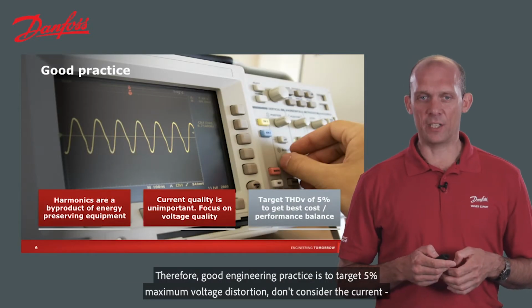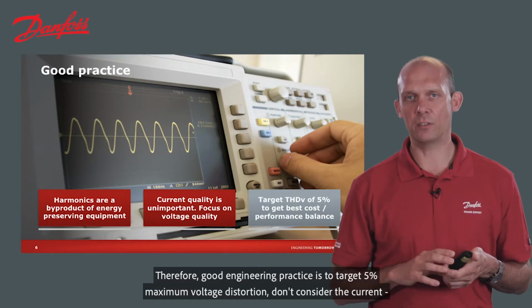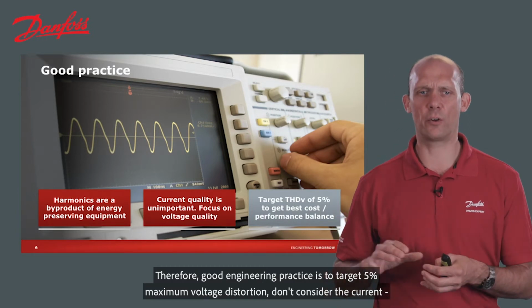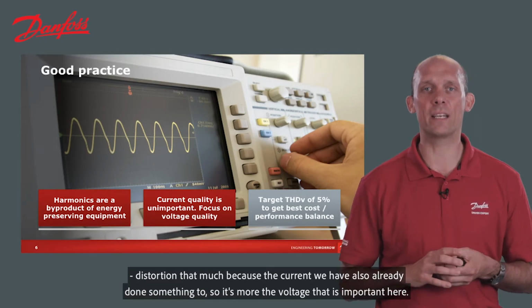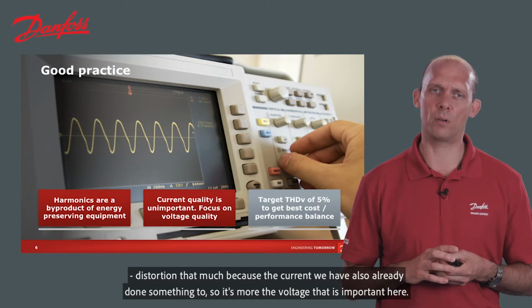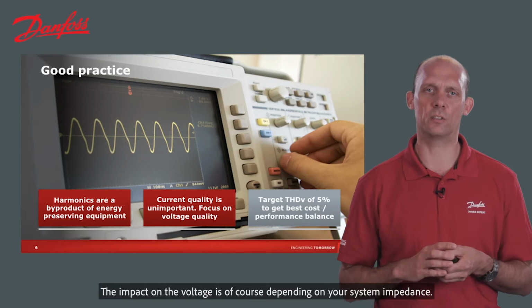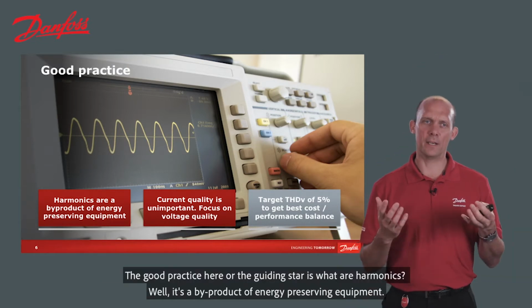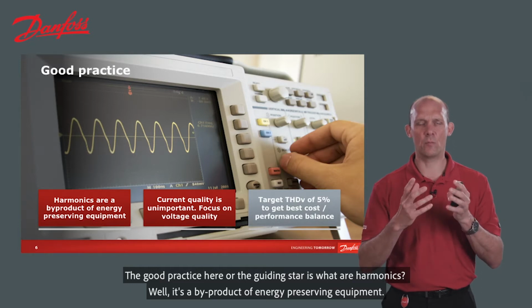Therefore, good engineering practice is to target 5% maximum voltage distortion. Don't consider the current distortion that much because the current we have already done something to. So it's more the voltage that is important here. And the impact on the voltage is of course depending on your system impedance. And then the good practice here, or the guiding star: what are harmonics?